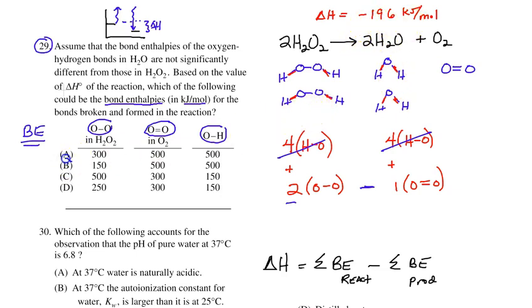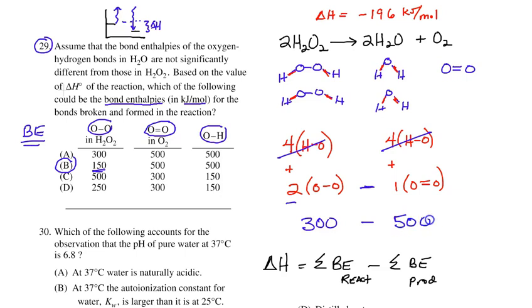If you look at choice B, if I multiply by 2, 2 times 150, the individual bond energy of the O to O single bond, and we have 2 of them in H2O2, that'll be 300, minus the 1 O double bond, which is 500.